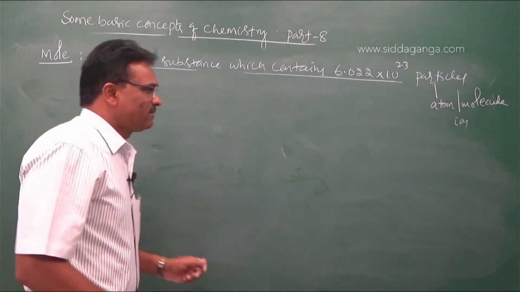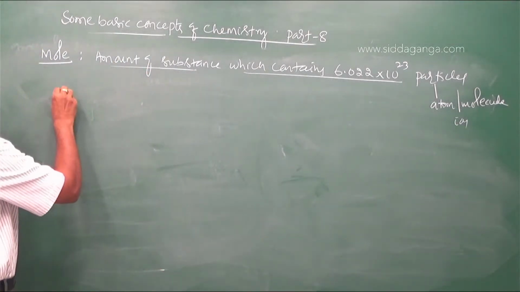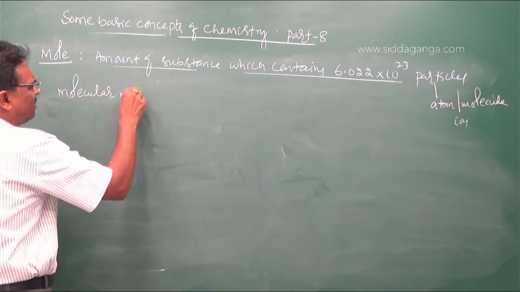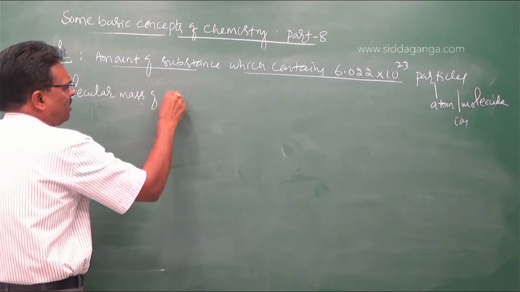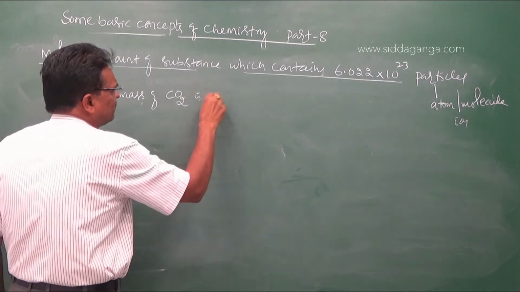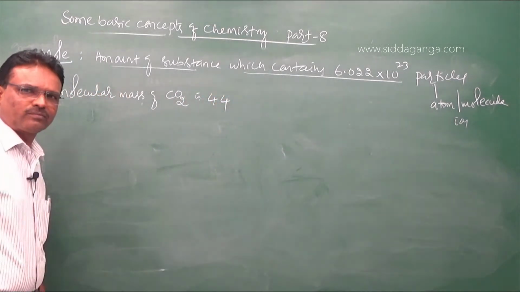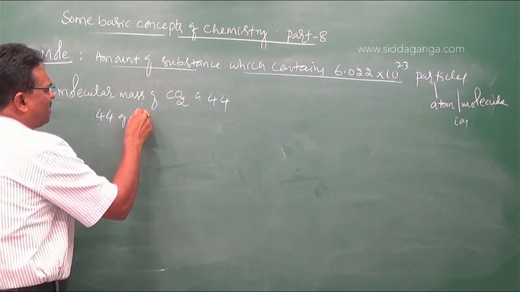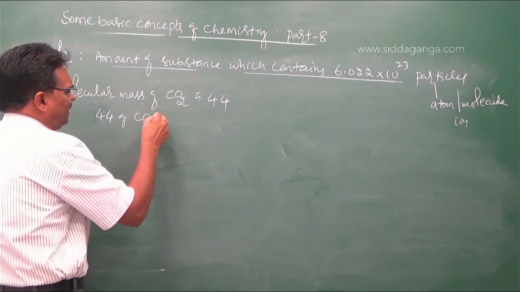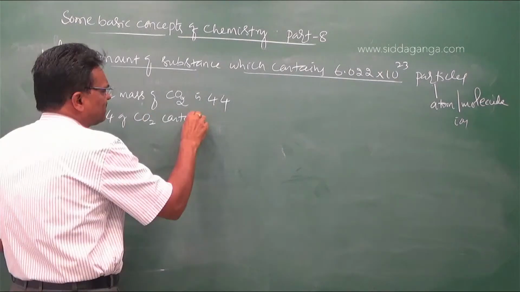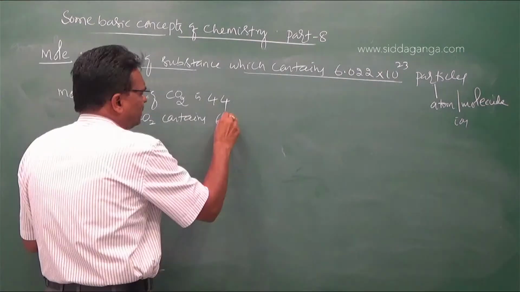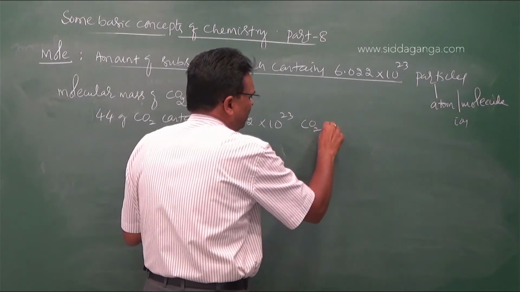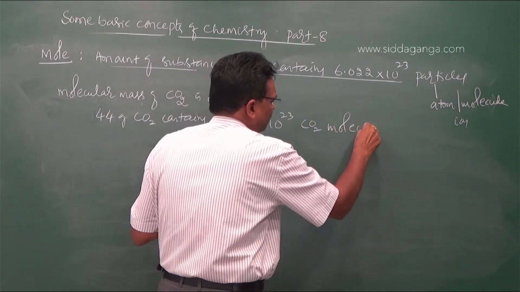So we know that the molecular mass of carbon dioxide is 44. Molecular mass of carbon dioxide is 44. Carbon dioxide contains 6.022 into 10 to the power of 23 carbon dioxide molecules.